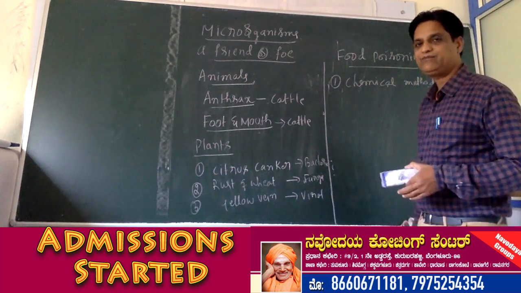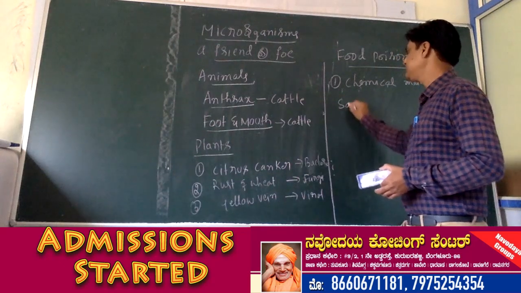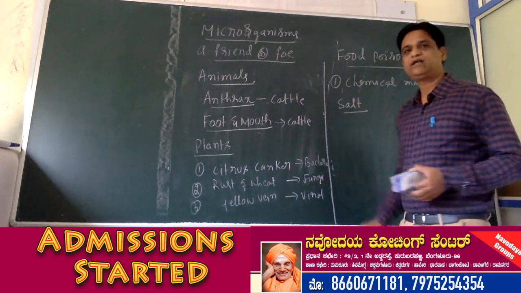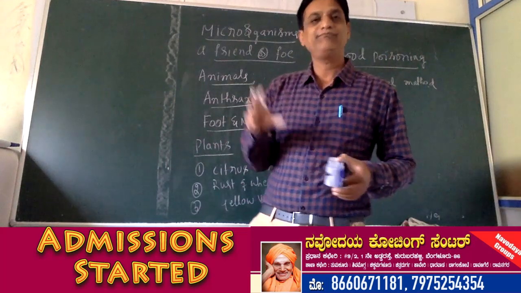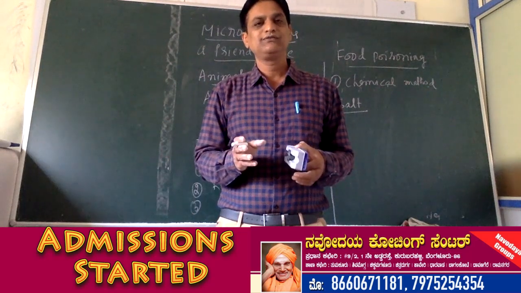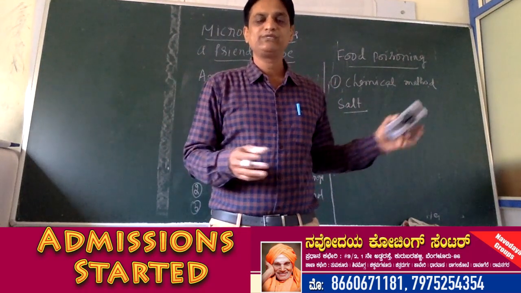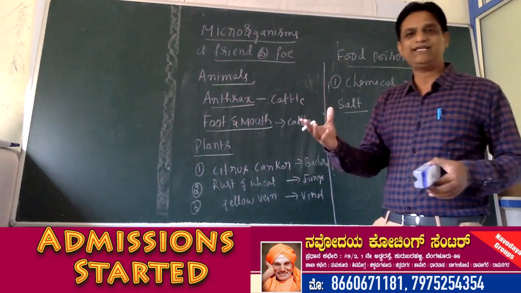In the chemical method, different chemicals are used. For example, salt is used. You know that fish and meat are stored without spoilage by using salt. Okay, salt and ice they use.